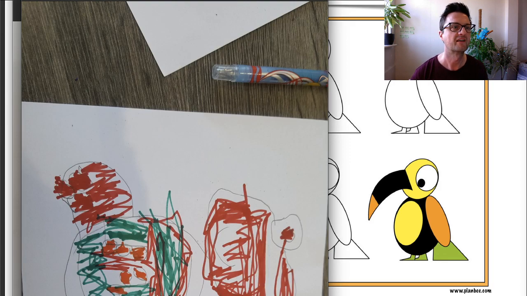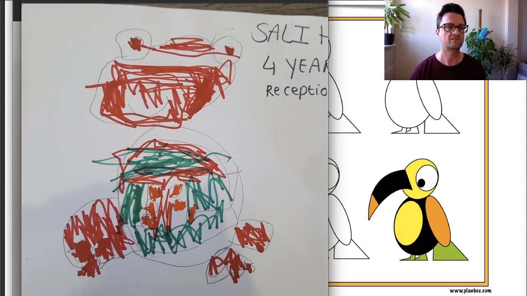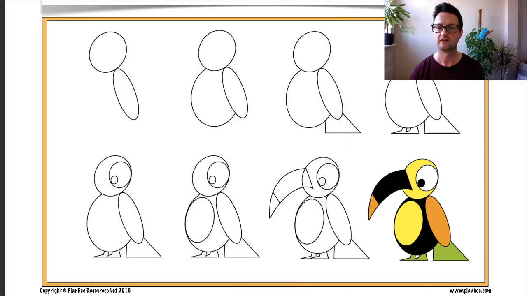Yes, there we go. Oh my goodness, Sally, that's fantastic. And you're in reception class, that's wonderful. I love your frog. Very well done, both of you. We'll keep on going as quick as we can. Oh my goodness, I'm not sure we're going to have time for all of these today.